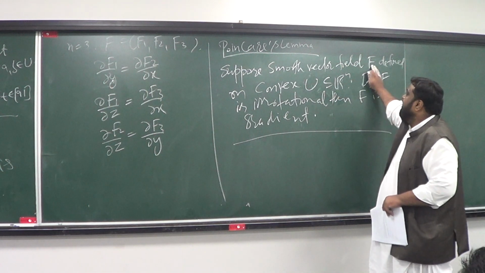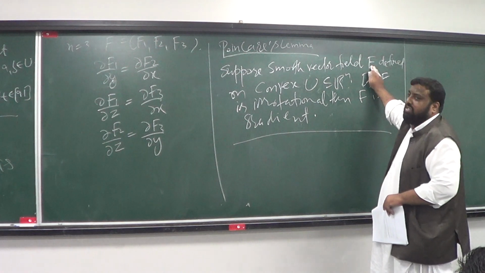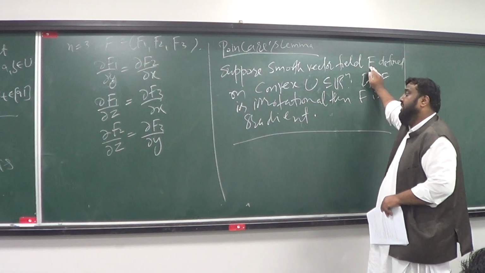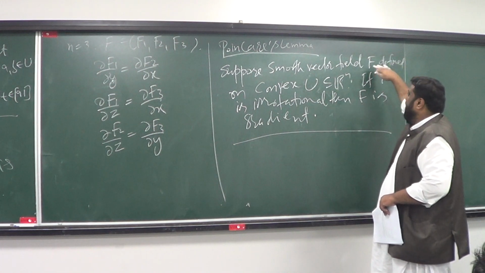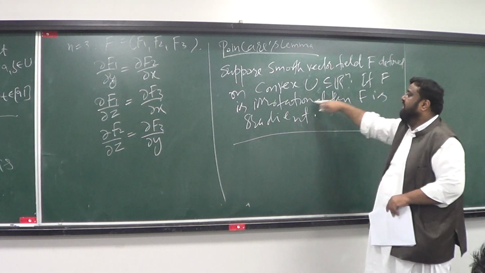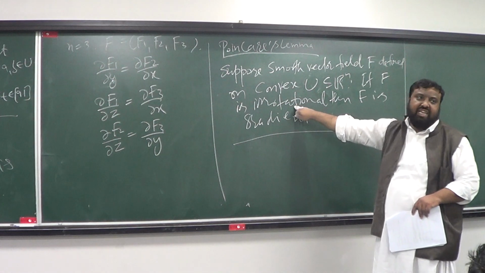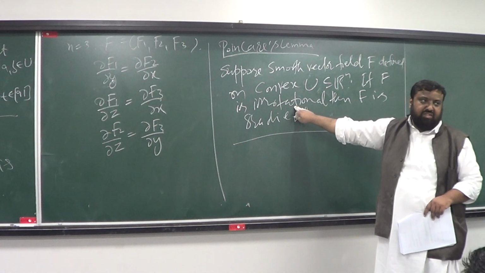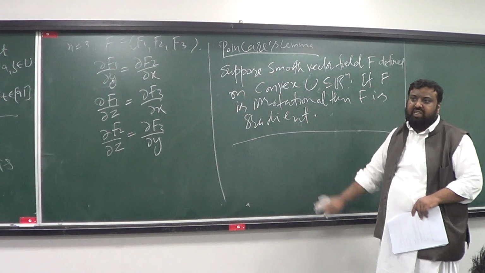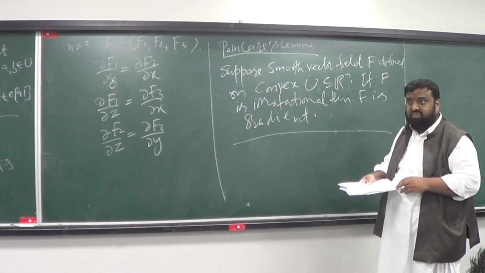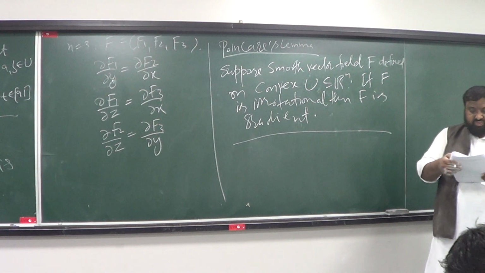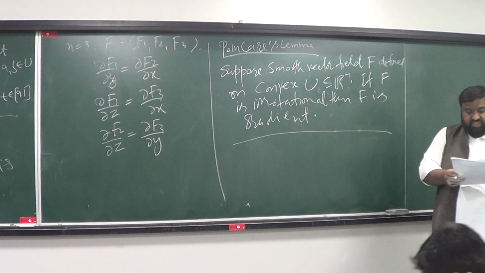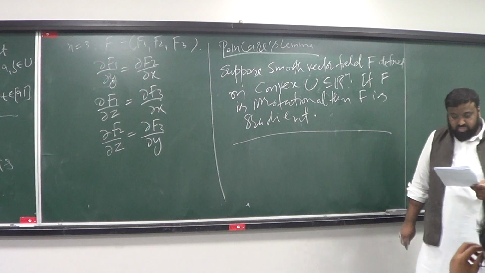If you have a smooth vector field, which is continuous and differentiable, and that field is irrotational, then irrotationality is sufficient for proving that it's a gradient field. Here's one example.